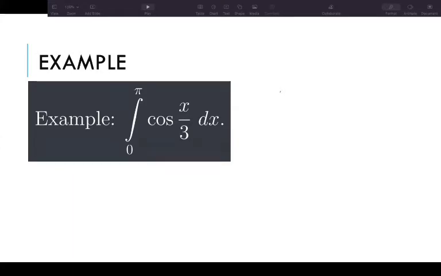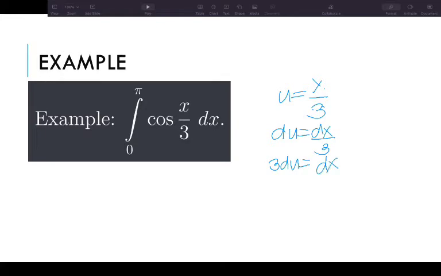So as we can see, we can easily do the u substitution. U equals x over 3. And du equals dx over 3. Or 3 du equals dx.